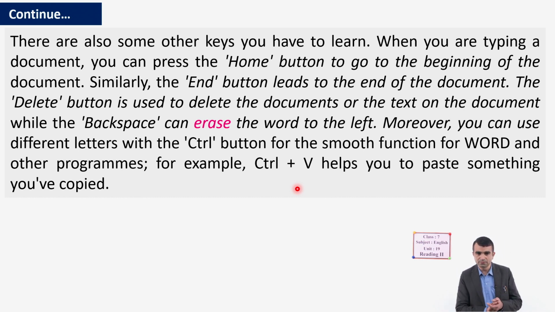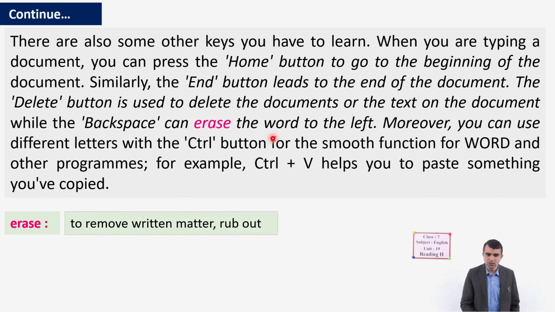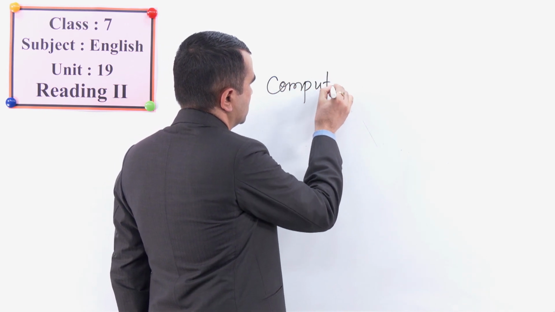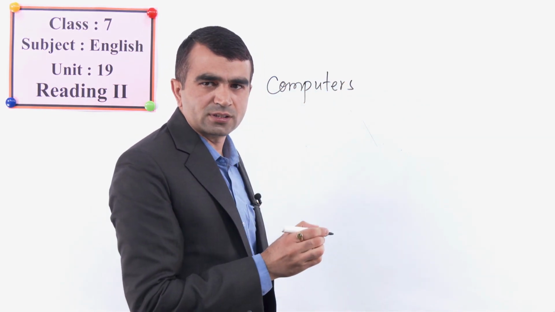Is it so? Okay. Here you can see erase. What does erase mean? Backspace can erase the word to the left is given. Erase means to remove written matter, rub out, clean. For example, if I write something here, computers.